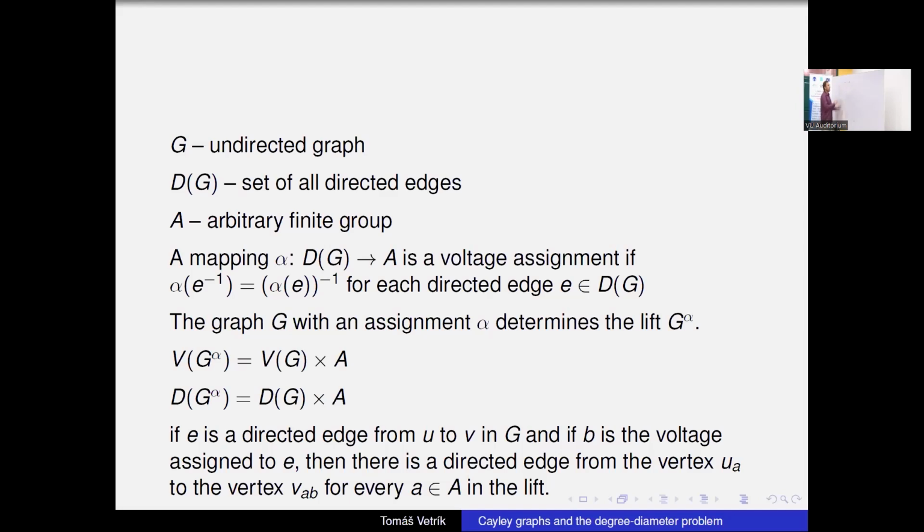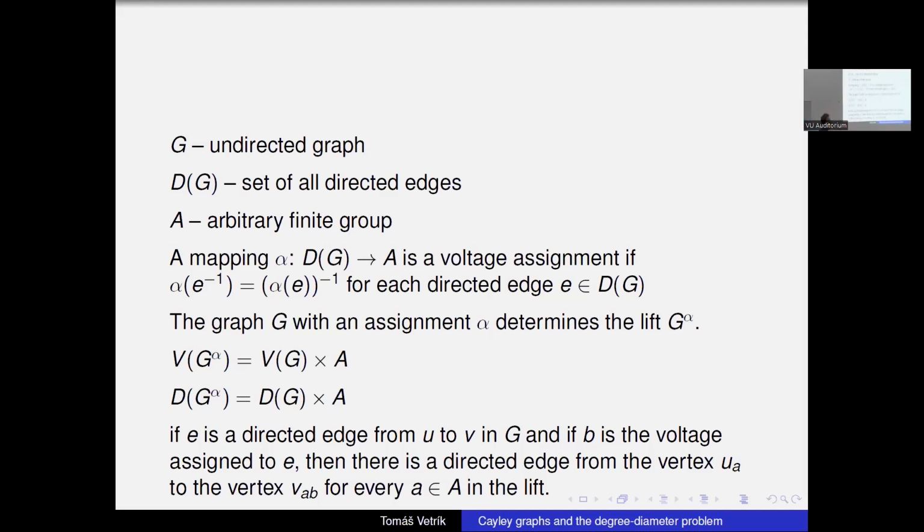But we are using loops in the original graph for the construction of the large graph without loops. So we have 2 vertices, 1 edge between them, and a loop. So there will be an example of our graph.